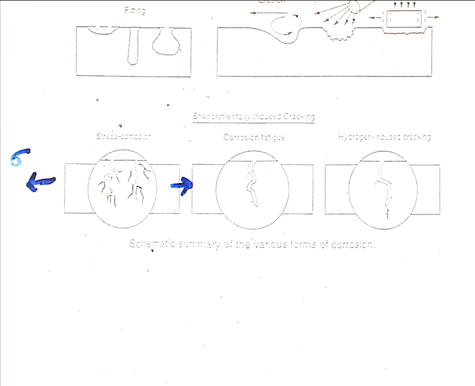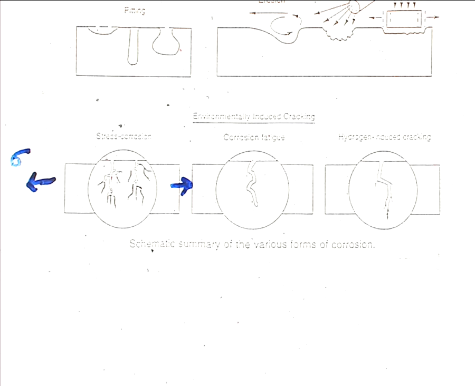And then finally we started talking about the combination of applied or residual stresses and corrosion. And we identified that if you apply a stress to a component in a suitable environment, and there are quite a lot of environments that will give rise to stress corrosion or corrosion fatigue, then you'll get crack growth in the material.